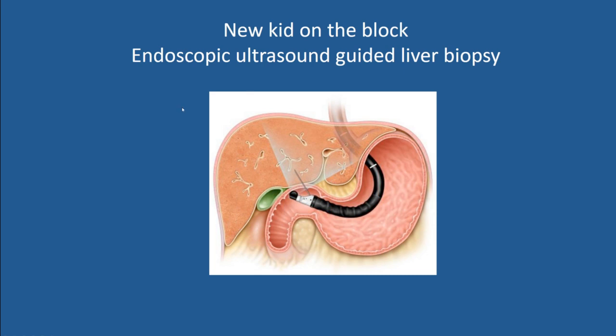So the gastroenterologist is basically doing an endoscopic procedure, an upper endoscopy. And while they are there, they decide, well, let's look at the liver and let's get a liver biopsy. So they have an ultrasound probe at the end, so they can visualize everything, and they can also stick in a needle.